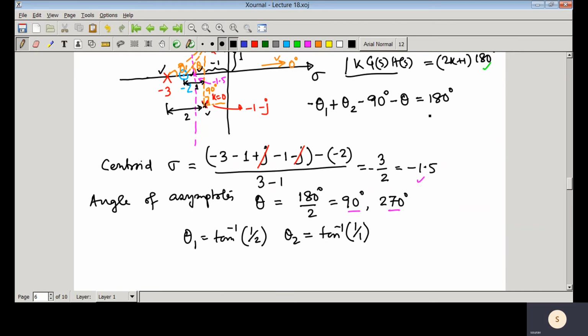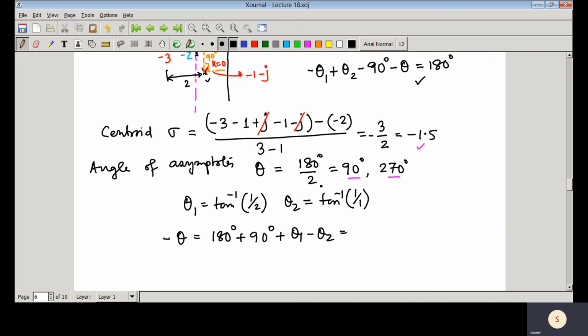So let us write this particular equation. Theta 1 minus theta equal to 180 degrees plus 90 degrees plus 90 degrees plus theta 1 minus theta 2. So that is 270 degrees plus theta 1.